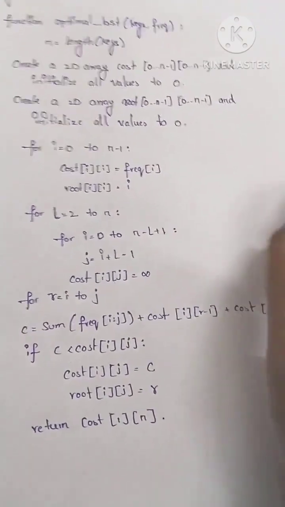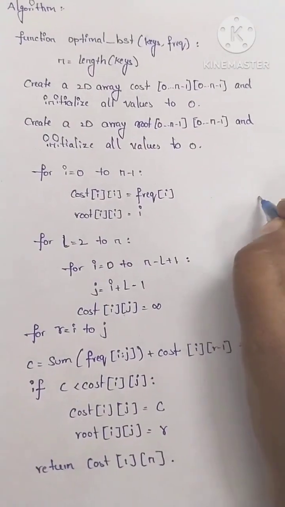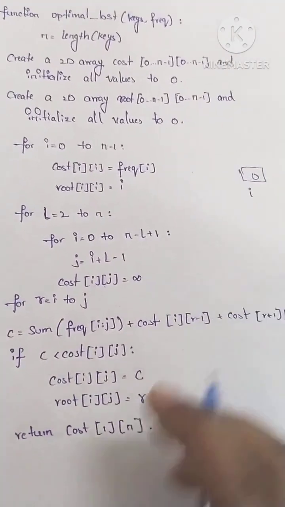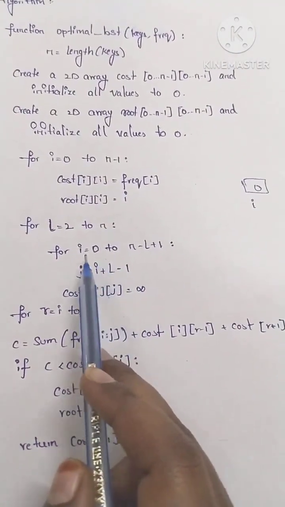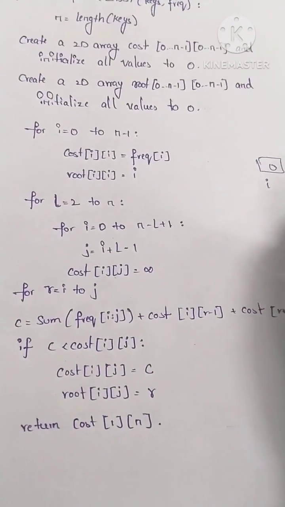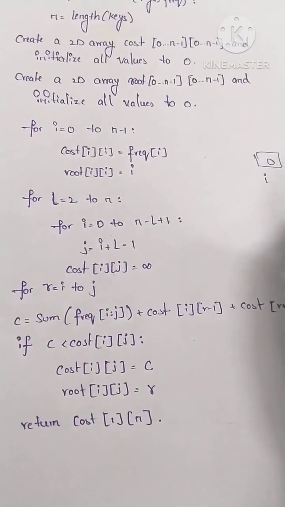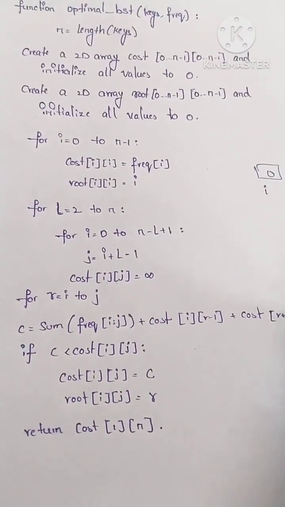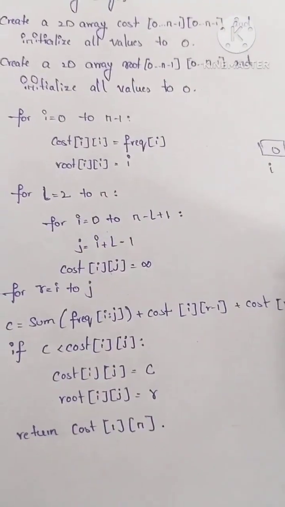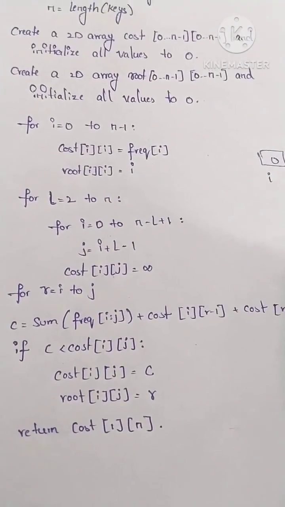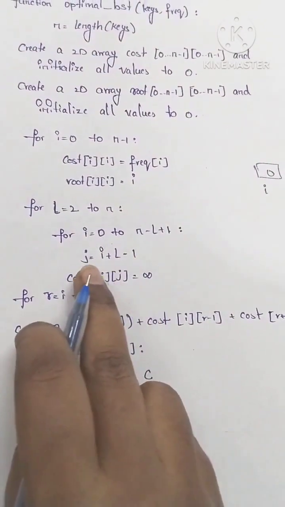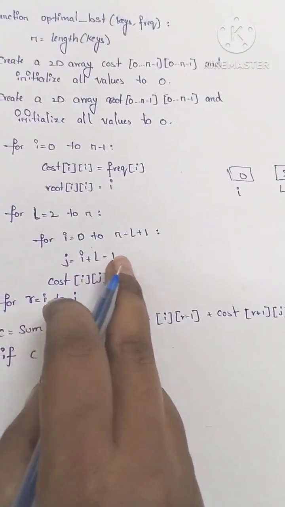Now let's take I equal to 0, then another loop L running from 2 to n. For calculating the j value we are using the formula j equal to I plus L minus 1.